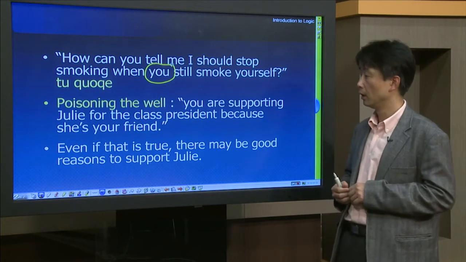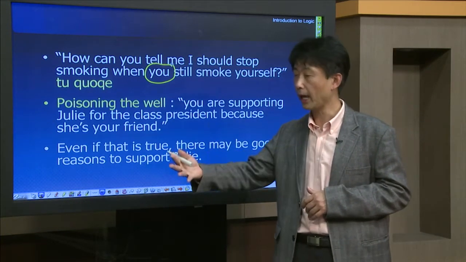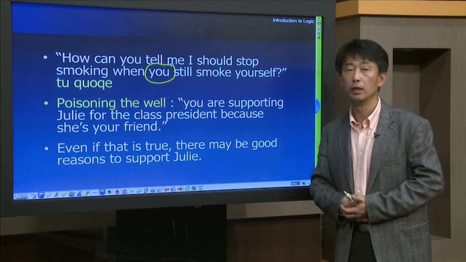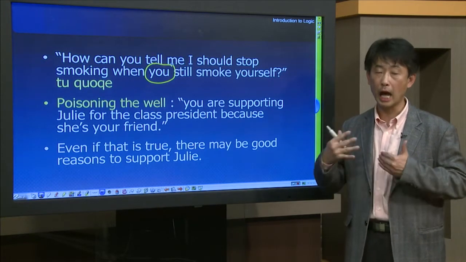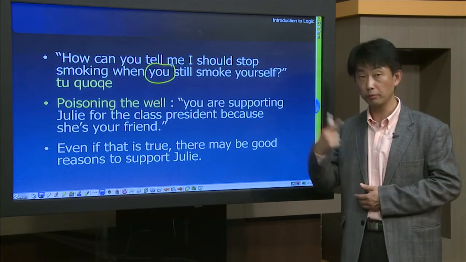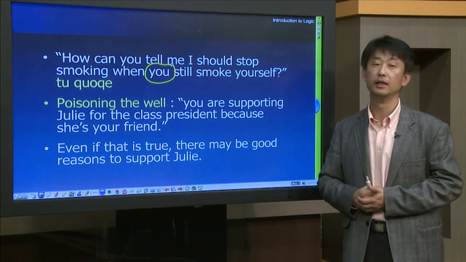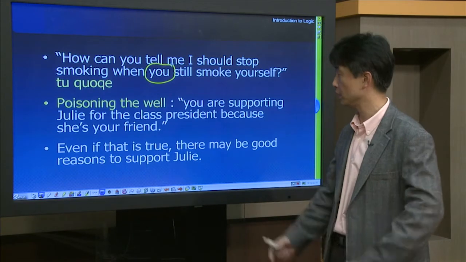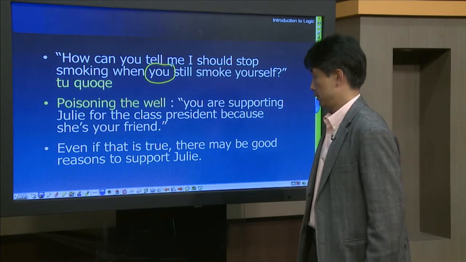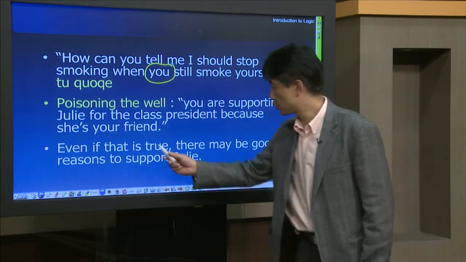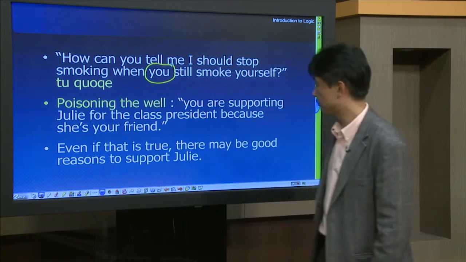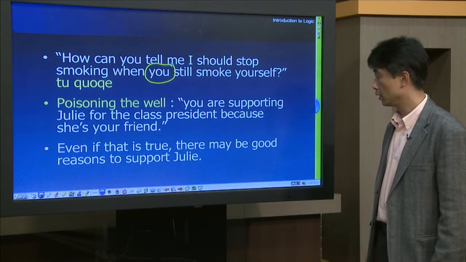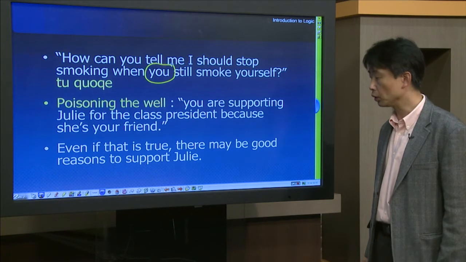When someone charges you with that, that person is committing a species of ad hominem fallacy. You have to tell the person, hey, you are making an ad hominem fallacy. It's called poisoning the well. So even if it's true that Julie is your friend, there may be good reasons to support Julie.